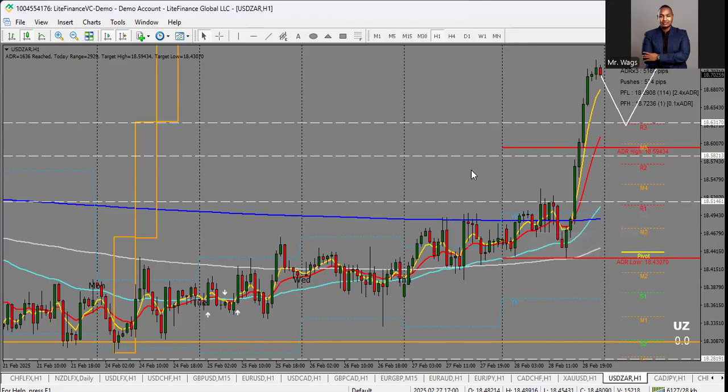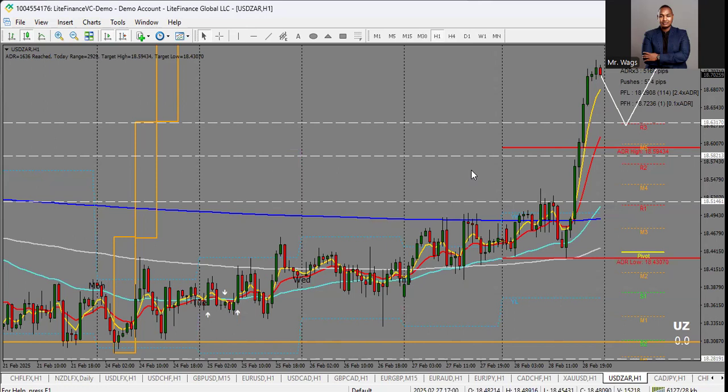So we have seen that for pairs having the dollar on the base, like USDZAR and USDCHF, we're still having a bullish movement, and for pairs like EURUSD, we're having a bearish movement, the same with gold, a commodity that is also influenced by the dollar.